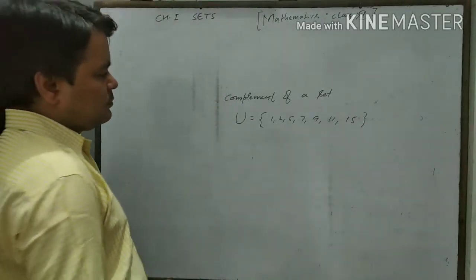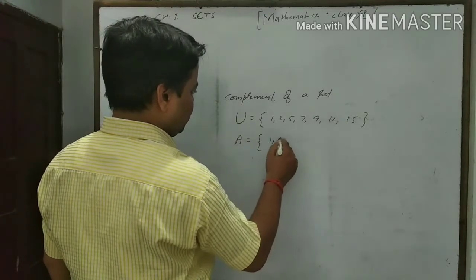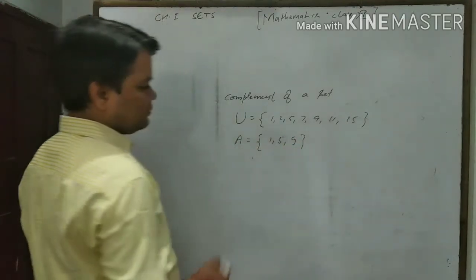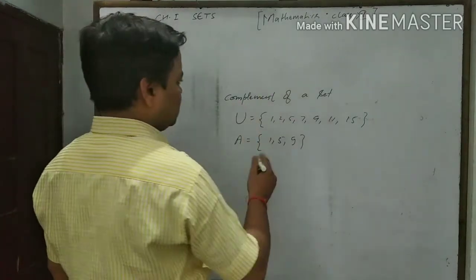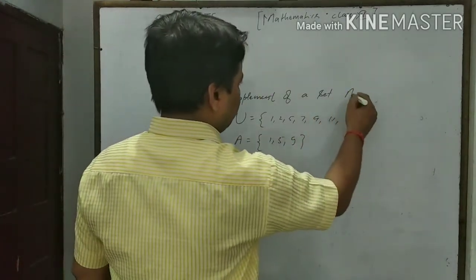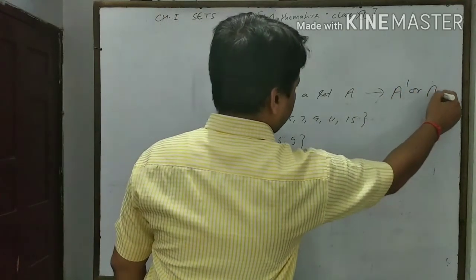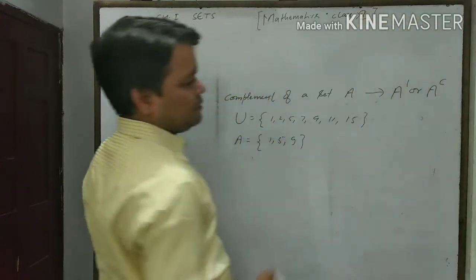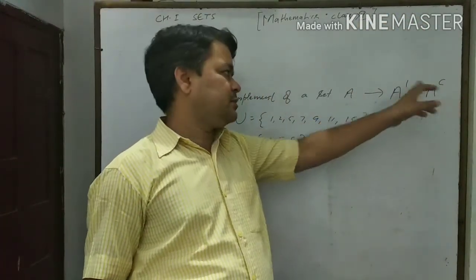And here set A is 1, 5, 9. Then the complement of set A is represented by A dash or AC. Here A and its complement C means complement of set A is AC, like that.